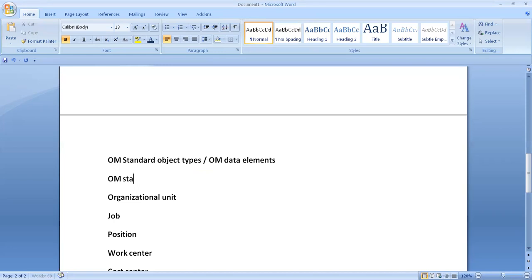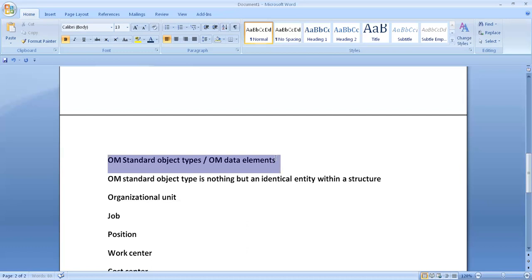An OM standard object type is nothing but an identical entity within a structure, of course with a validity period. It is applicable for all. This is what an OM standard object or a data element is.